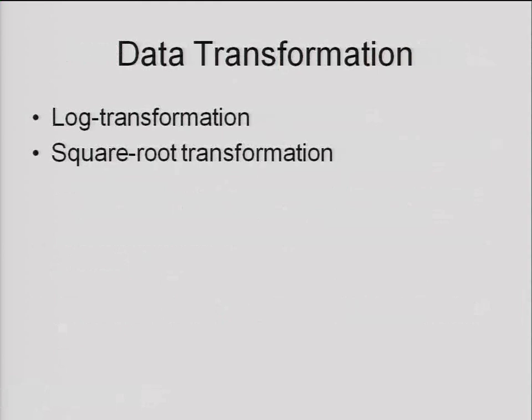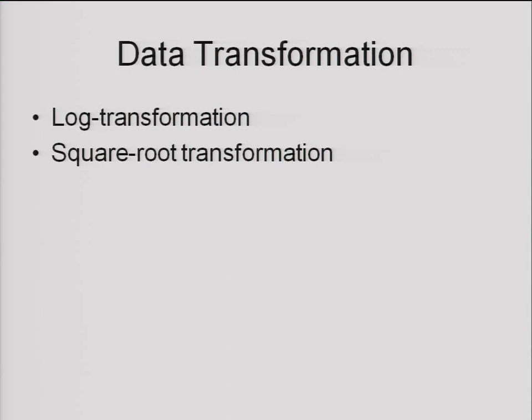So the first step to analyze the data is data transformation. The usually used methods for transformation are log transformation or square root transformation. We might have some other transformations. Sometimes we might even use the Box-Cox transformation to find the best transformation.